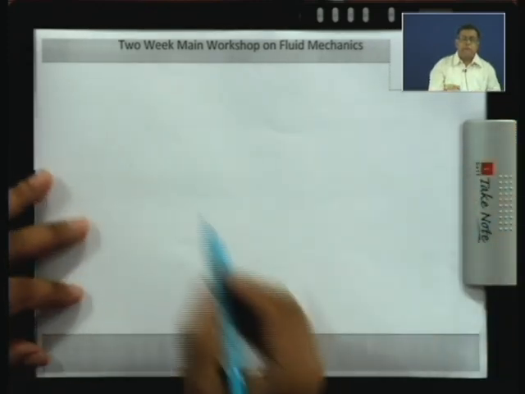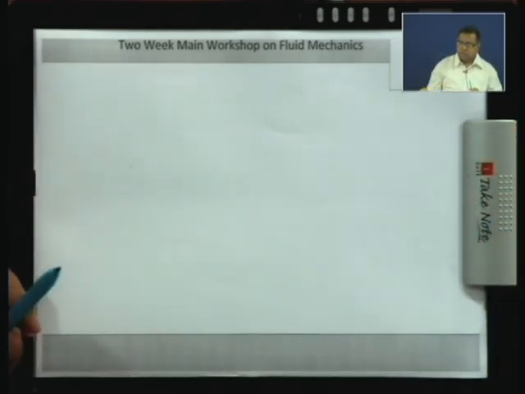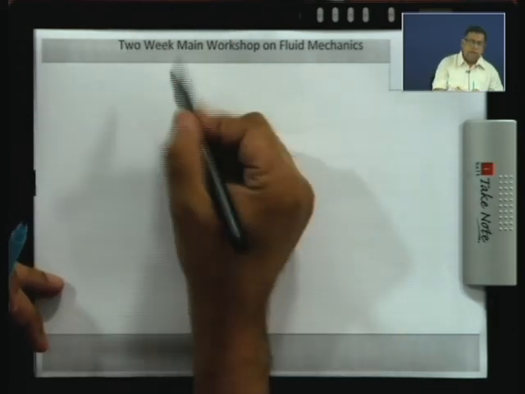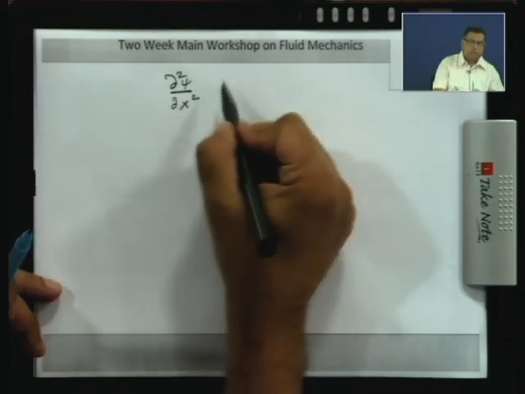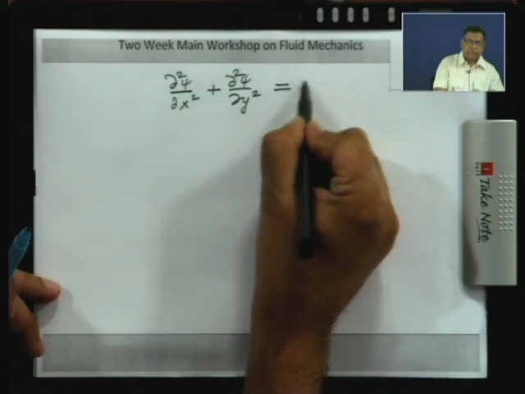So, let us complete the potential flow analysis for the plate. We have seen that del 2 psi del x square plus del 2 psi del y square must be 0.